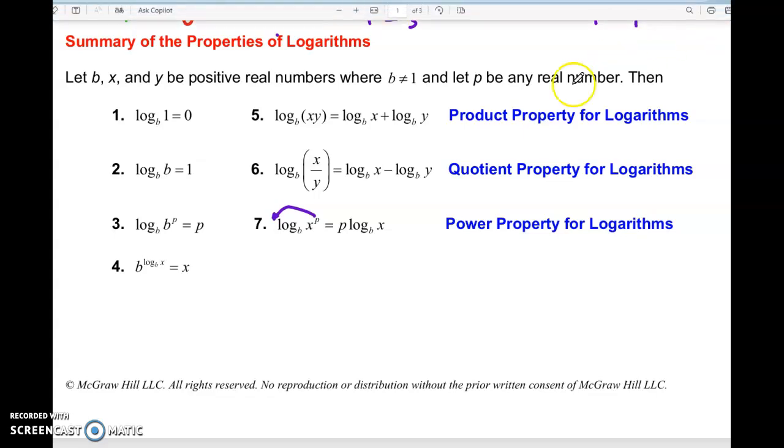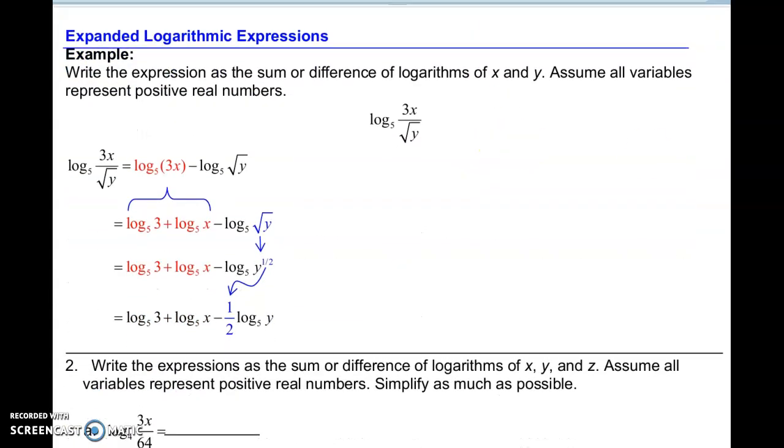So now let's take a look at some problems that will use this. On the right hand side here, this is the example they give us, and it says to expand this using the sum or difference of logarithms. The sum and difference of logarithms were property 5 and 6. So we're going to expand this one right here.